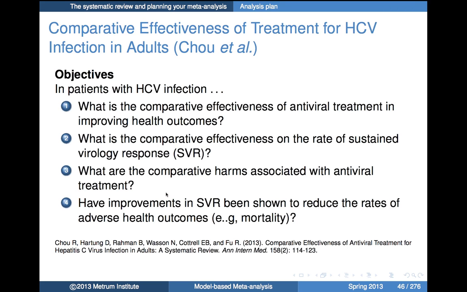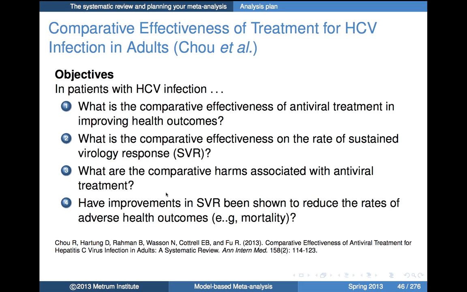This was work that was sponsored by the Agency for Healthcare Research and Quality, which is an agency in the United States that funds some comparative effectiveness research. For this particular article, this is a shorter synopsis of a much longer report that you can get at the AHRQ website.